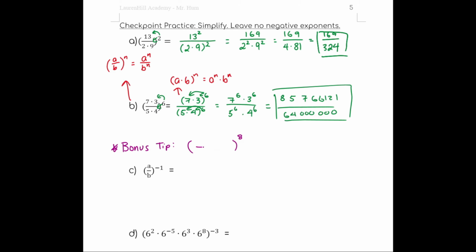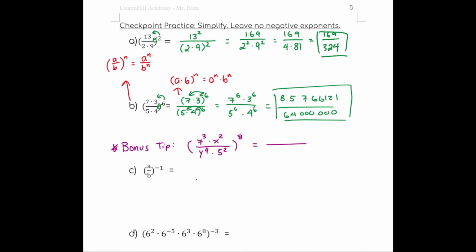So let's say you have something like, let's come up with some random numbers, like 7 to the 3 times x squared over y to the 4 times 5 squared. Random numbers. You see here, there's no addition, there's no subtraction. So instead of distributing on top and then to the top and bottom, and then distributing again using this law, we can distribute that 8 to everything inside those brackets immediately.